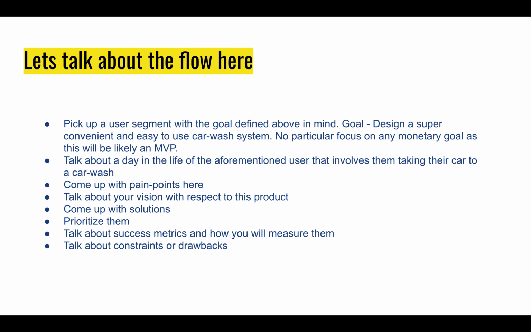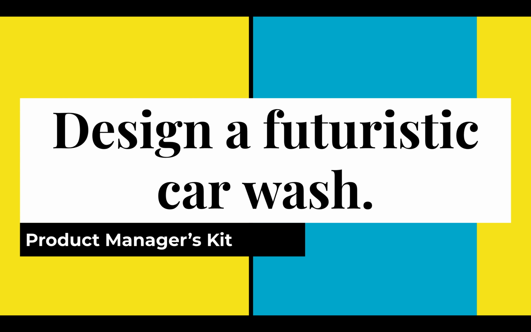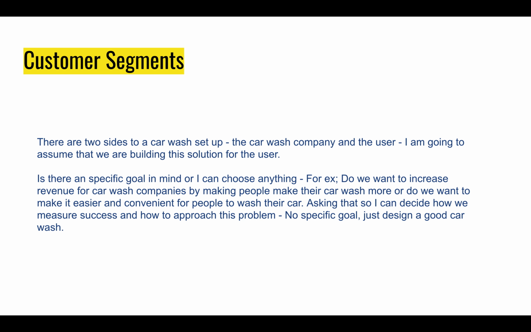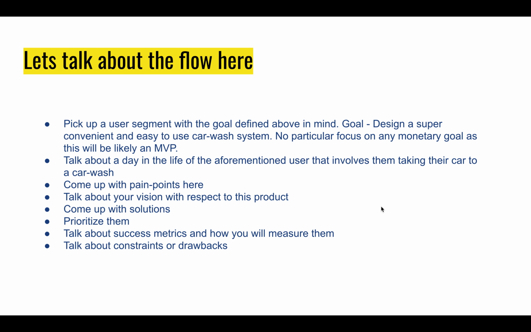Just to sum up, we started with the problem of designing a futuristic car wash. First, we contextualized a bit. We thought about customer segments, which customer segment to prioritize, and came up with a goal. Then, based on that, we had a flow in mind.